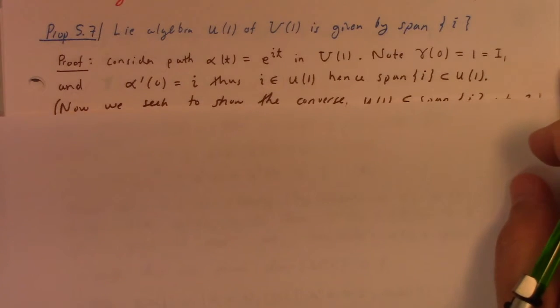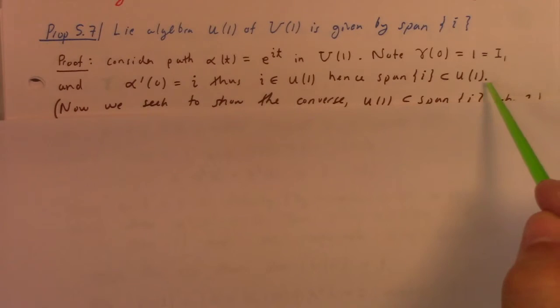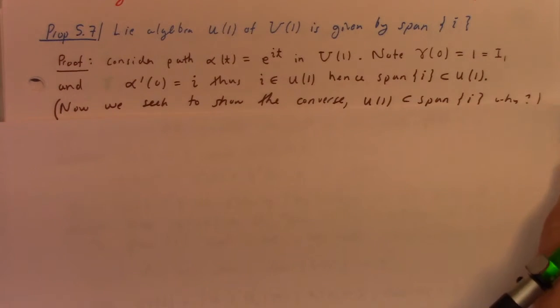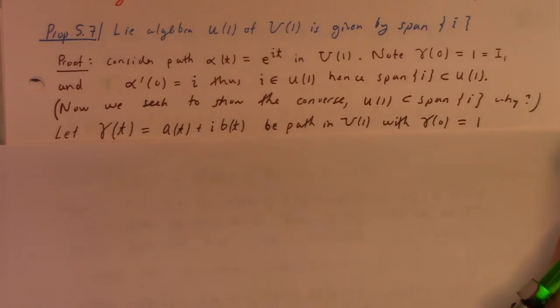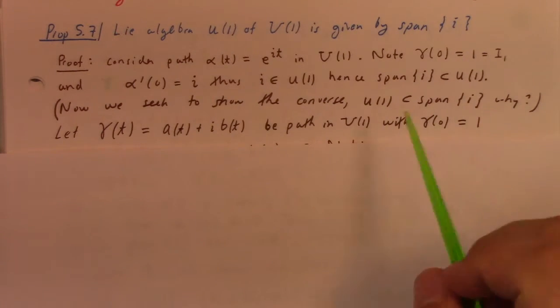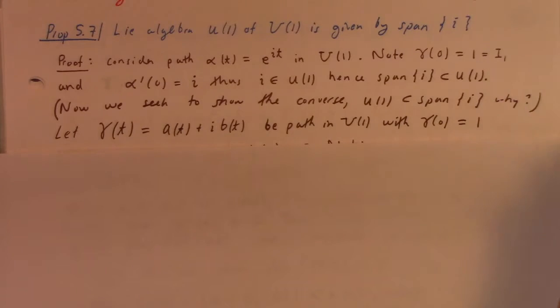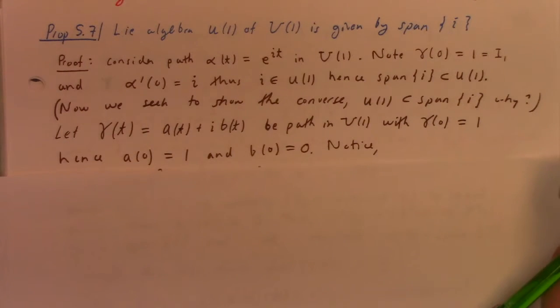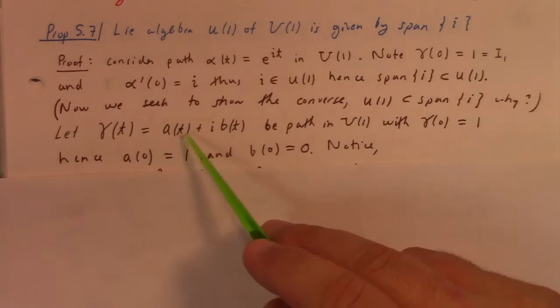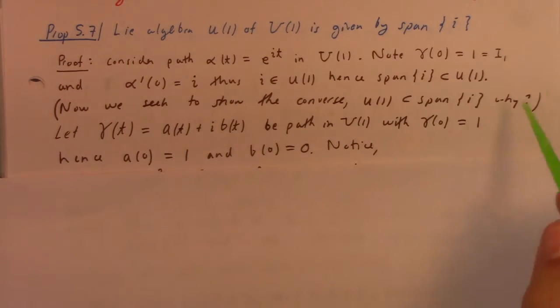And so the span of i is a subset, but on the flip side, we can argue that that's everything, because if you take any old path in U(1) that goes through the identity, then a of 0 is 1 and b of 0 is 0, of course.